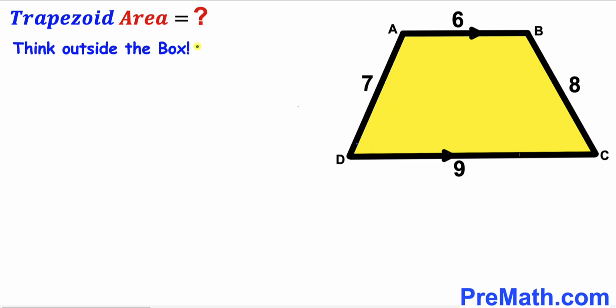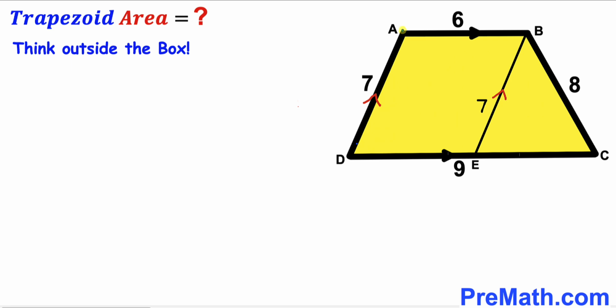So we are going to think outside the box, and we are going to draw this line BE that is parallel to this leg AD, as you can see over here. If this leg is 7 units, then this BE is going to be 7 units as well.